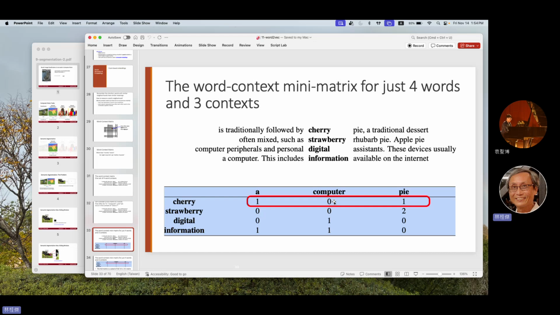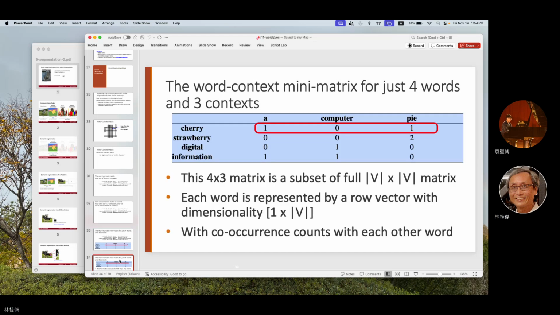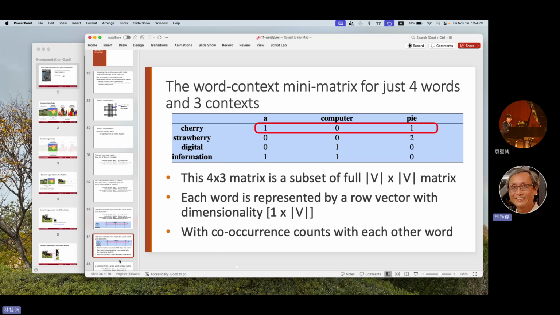So therefore, it appeared twice. By using such counting, we can roughly get some idea of the relatedness of that word and other words. Already we will be able to come up with some number sequence, and for every word, we can compare how close they are to each other.